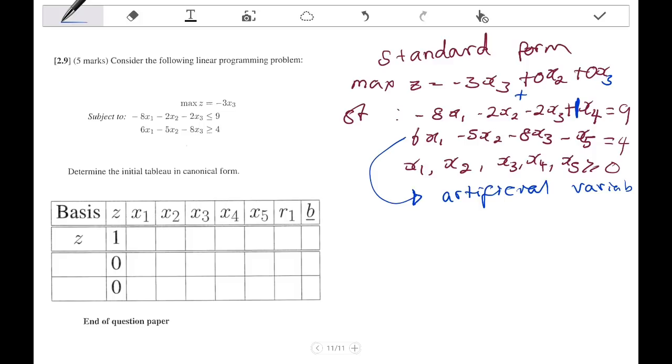So we're going to add an artificial variable. The artificial variable is represented by the letter R. You can rewrite the problem if you like, but now I'm just going to rewrite the second constraint to change it to a canonical form.